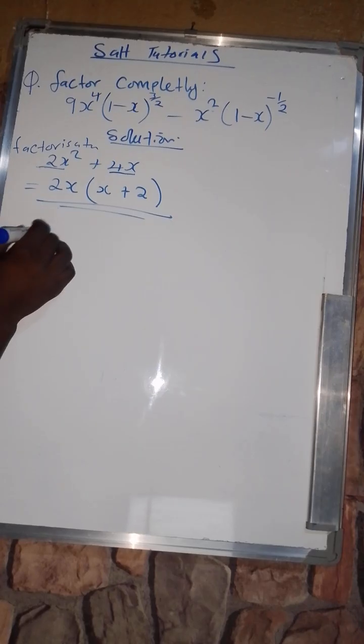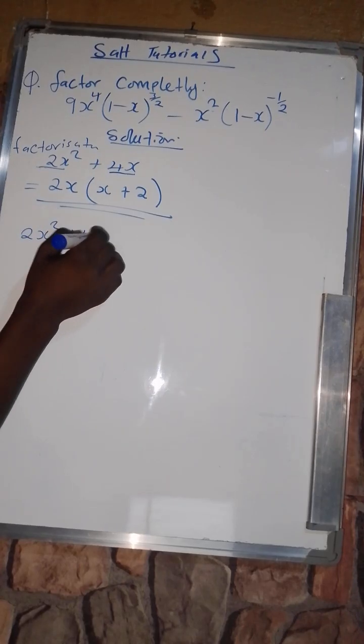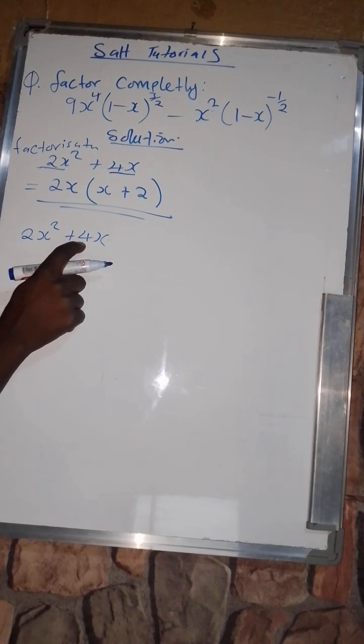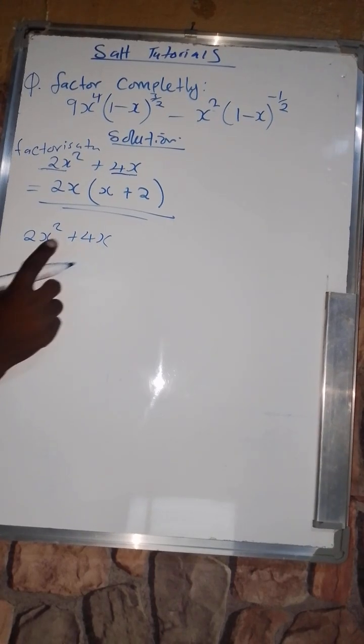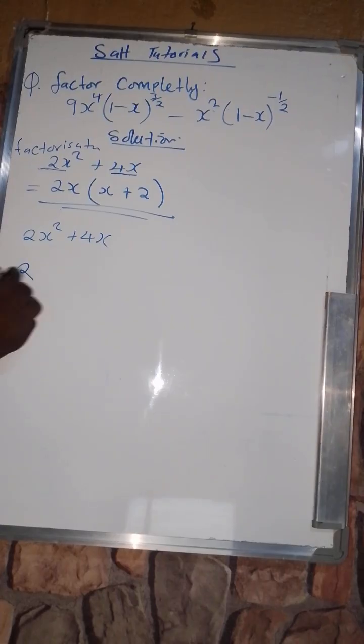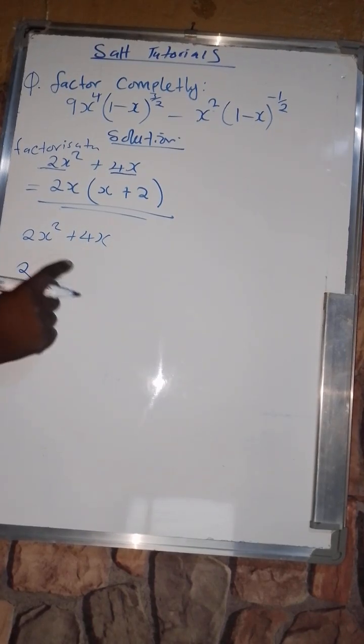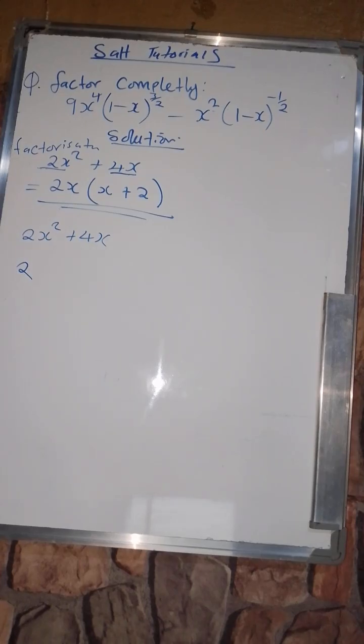So it means for 2x squared plus 4x, we identified that 2 is common because 2 is found here and 2 is found there. When we factor it out, we factor the 2 of the lowest power. 2 here is power 1, but 2 here is power 2. So every time we're factoring something, we always factor the term with the lowest power.